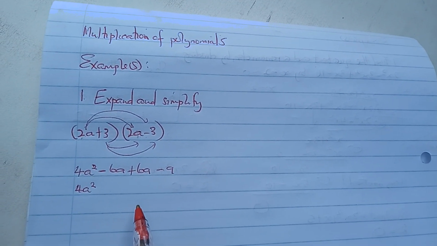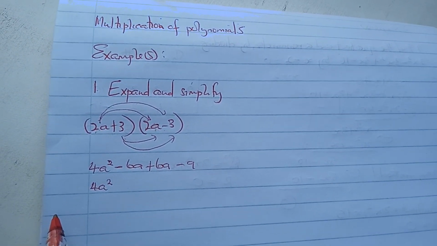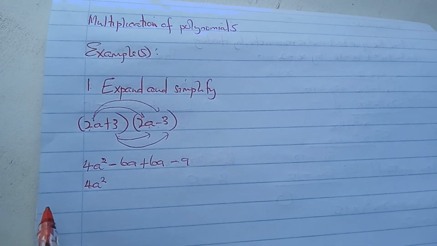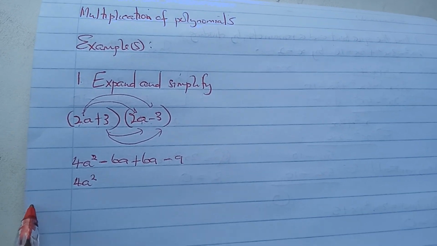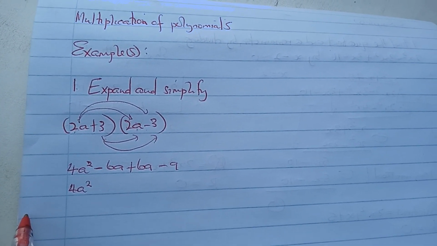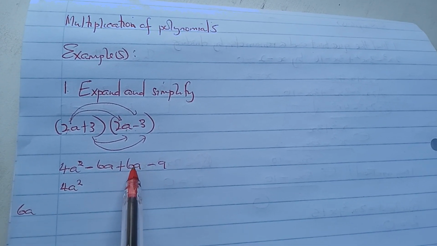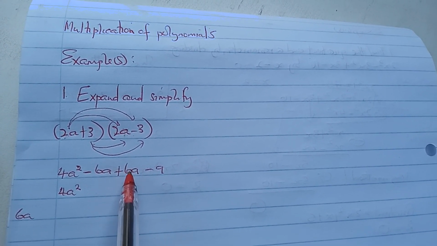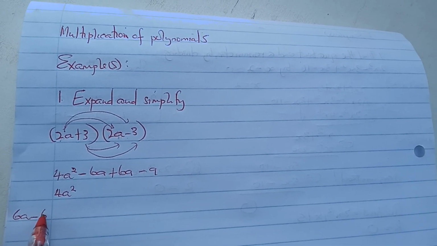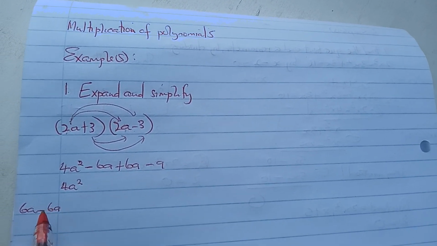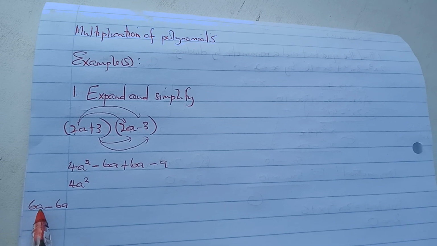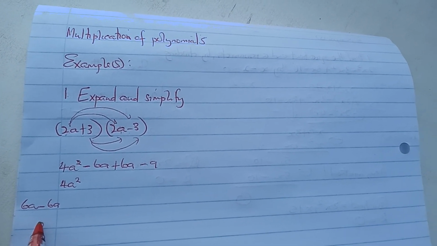Why? Because in other words, when we rearrange these like terms, we start with this positive 6a and then subtract a 6a. Okay, so we can clearly see that 6a minus 6a is 0.